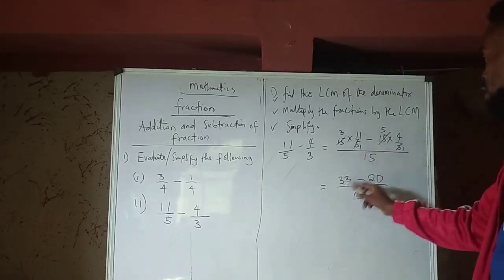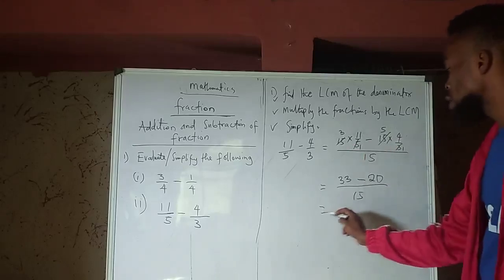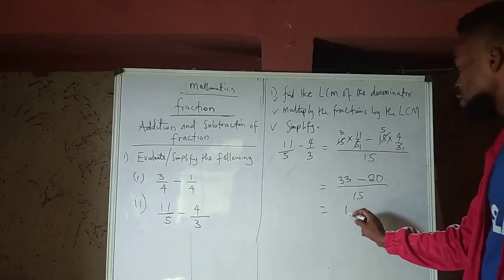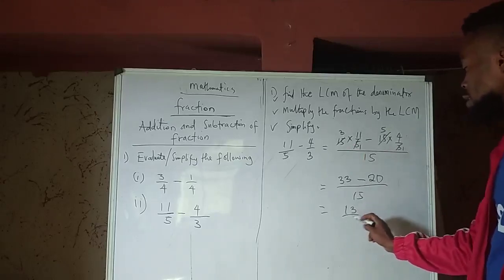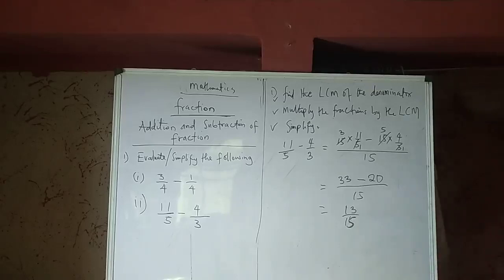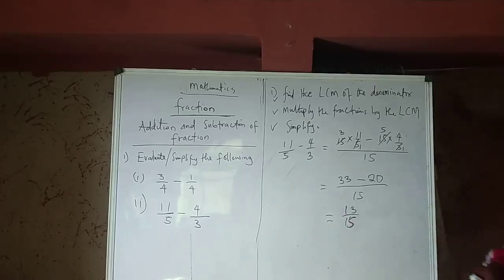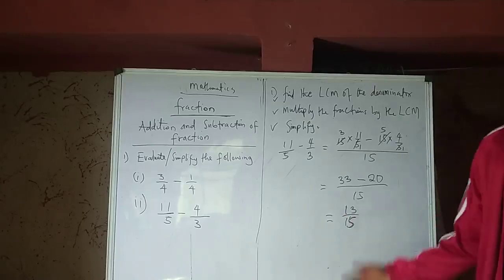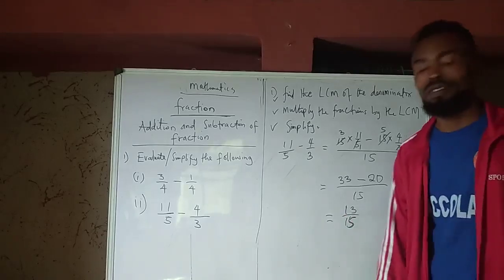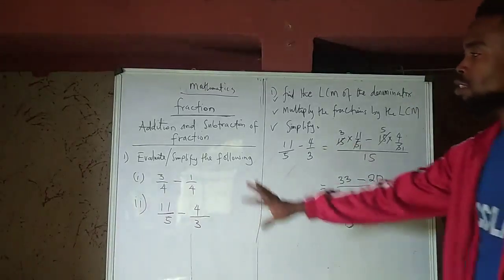So 33 minus 20 gives us 13 over 15. You see that? So this is the solution for this. We have 13 over 15. Okay, so that's that. It's simple.